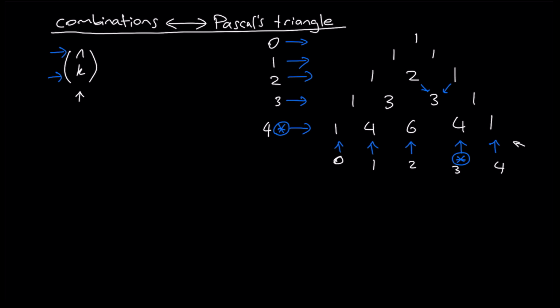Now what I want to do is point out that there are a few similar structures here. So if n is a natural number, I want you to note that n choose 0 and n choose n are the same, and they are always 1, no matter what number n is.